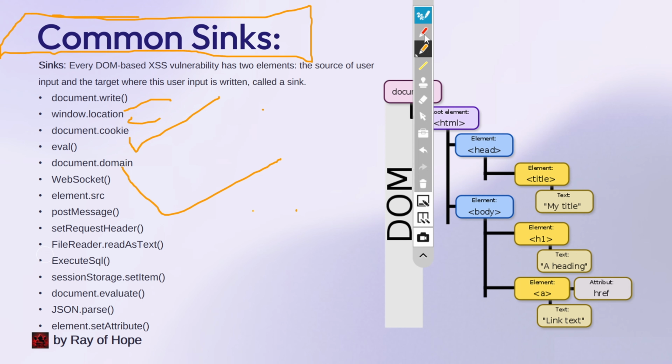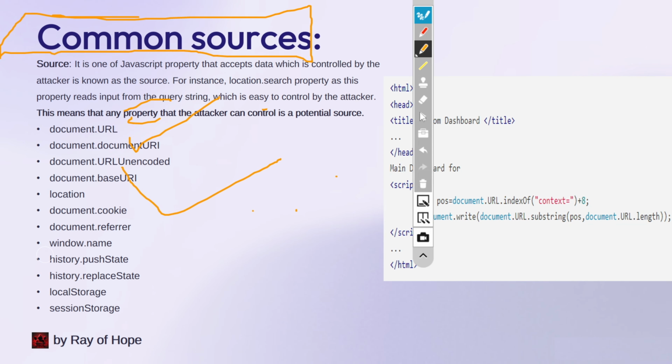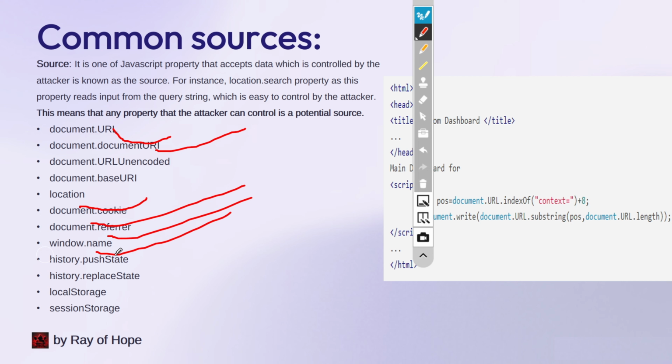Now when we talk about sources, in the sink, whatever query we have written in the search functionality, we will try to source that. A source is a JavaScript property that accepts data which is controlled by the attacker, for example location.search, document.URL, document.documentURI, document.cookie, document.referrer, window.name, history, postMessage, local storage, and session storage.